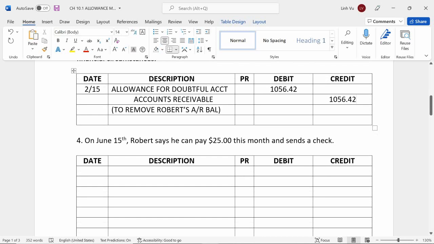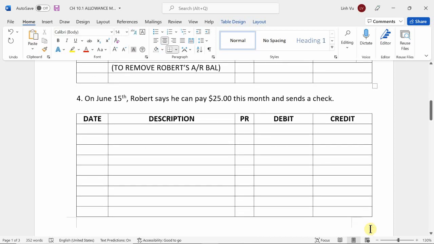So then on June 15, Robert says that he can pay $25 this month and sends you a check. June 15, so a couple months later. Do we charge him for being late or not?